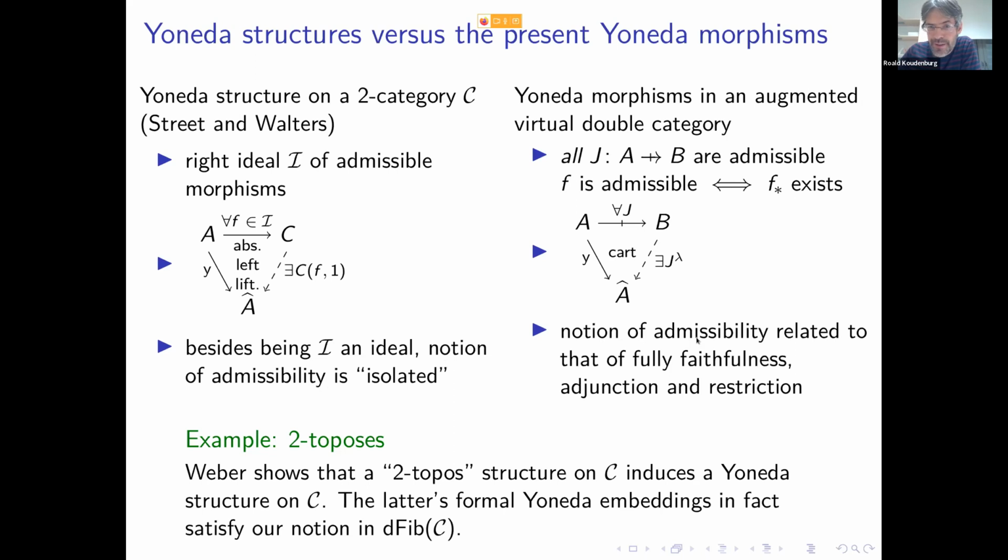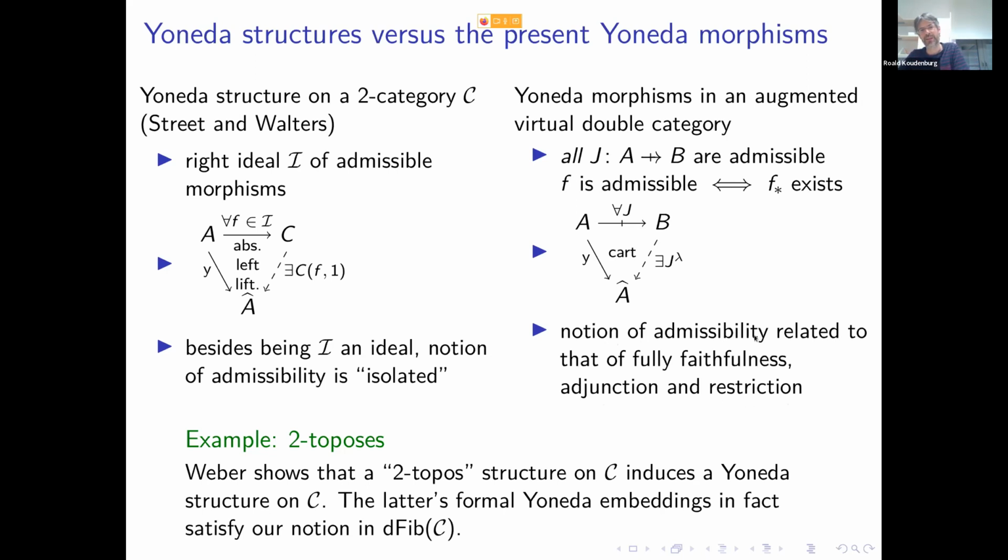On the other hand, for us, this companion is defined by a Cartesian cell, right? So for us, admissibility has to do with restrictions with Cartesian cells. That means that our notion of admissibility is related to that of fully faithfulness, which also has to do with Cartesian cells, also with adjunctions of adjoint vertical morphisms, and also restrictions of horizontal morphisms.